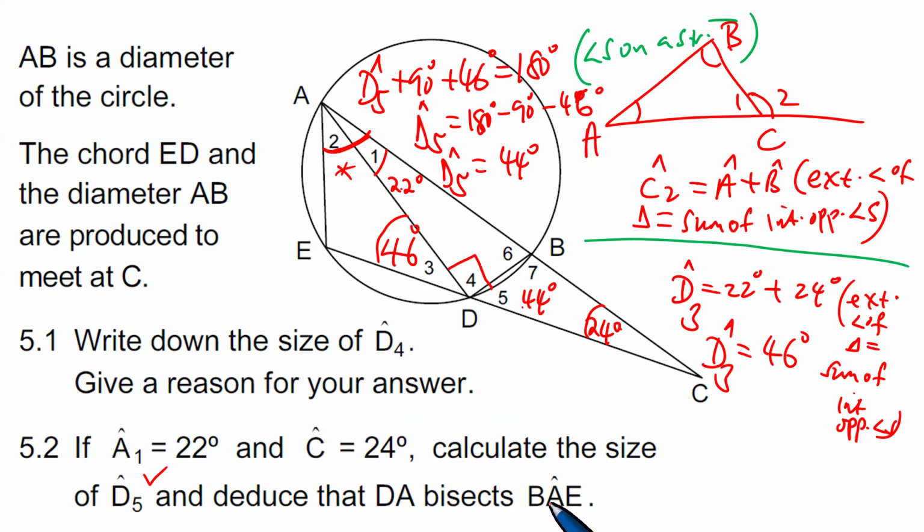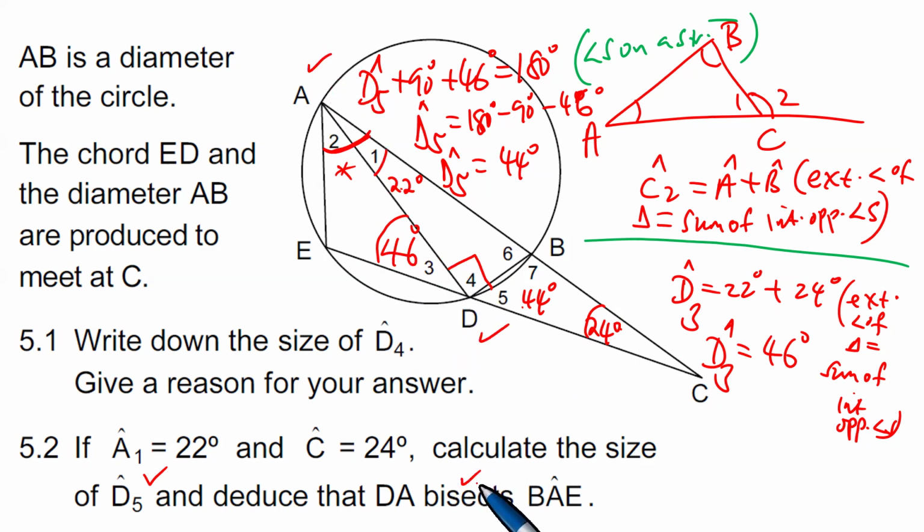We want to prove that DA, this is D and that is A, bisects BAE.